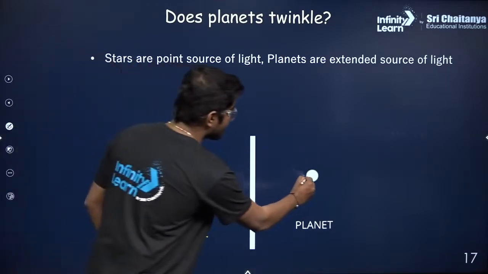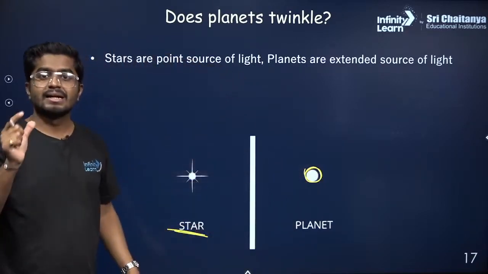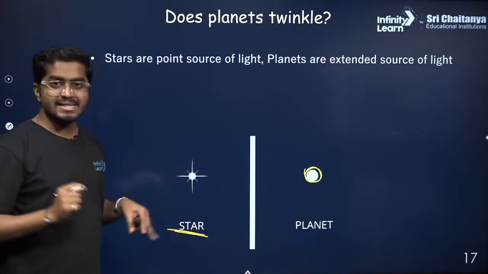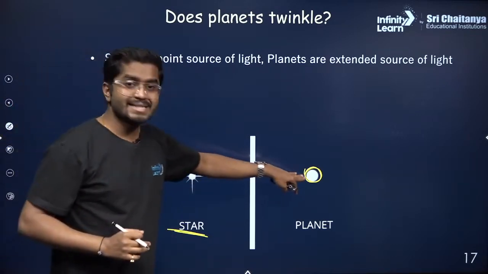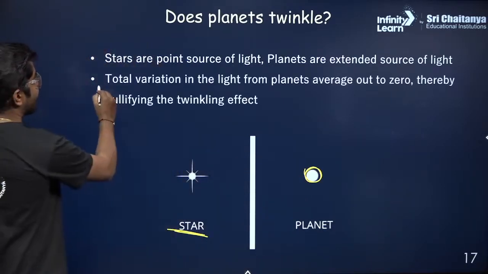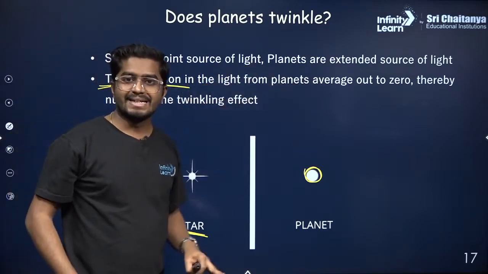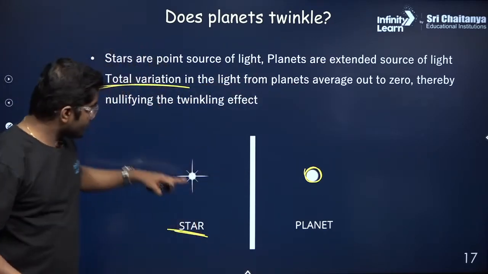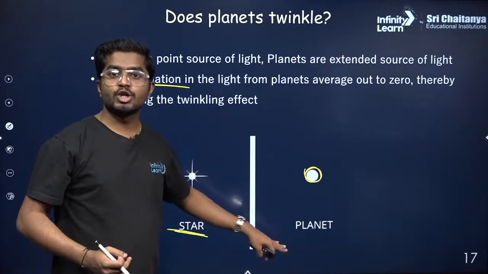If you measure, it will have a certain diameter. For the stars, you can't even measure the diameter. They are too small. But for planets, you can measure. And because of that, the variation of the light coming from the planet averages out. So stars will appear to twinkle, but the planets do not twinkle.